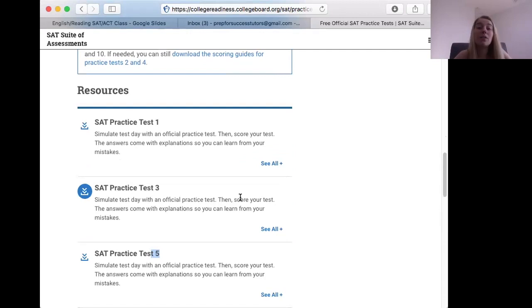Now, if you have a Khan Academy account, this will also be the same practice test on Khan Academy. However, I do highly suggest to not do it on Khan Academy and do it on these practice tests. The reason being is on Khan Academy, it's a different type of style than what you're going to have on the actual test.